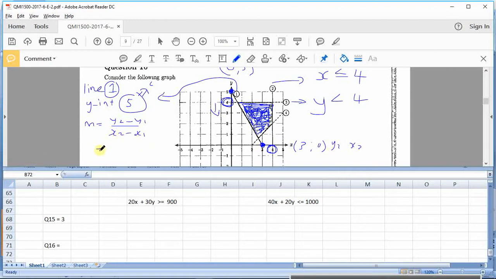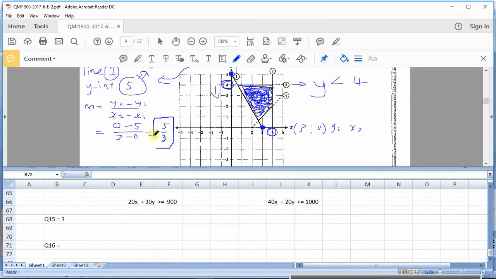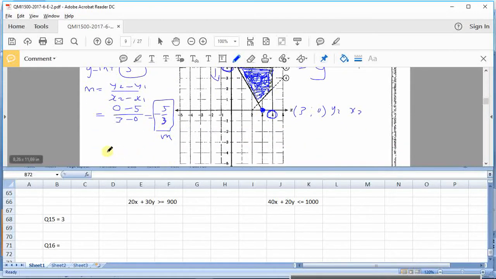That means y2 will be 0. 0 minus 5 over x2, which is this, 3 minus 0, which is negative 5 over 3. So we have the m. Minus 5 over 3, that's the m. So y equals minus 5 over 3x plus c, which is 5.